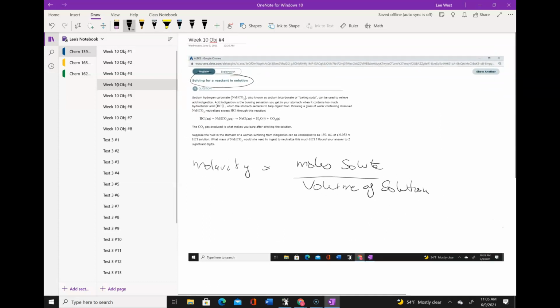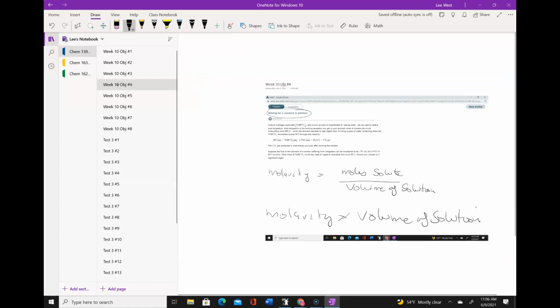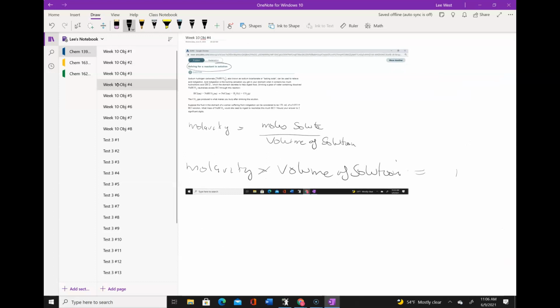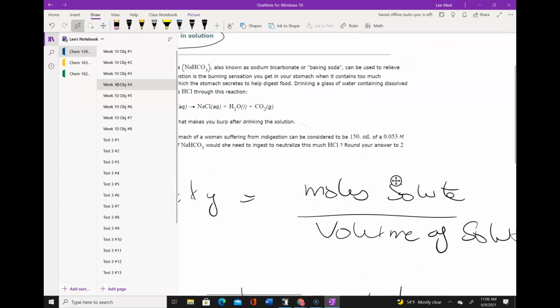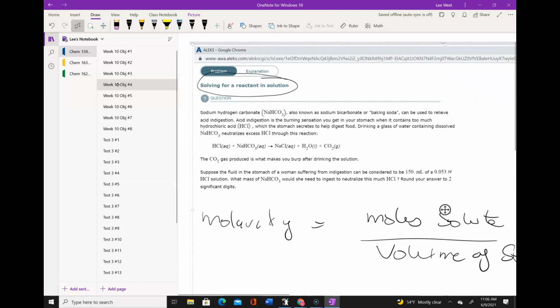What we can see is if we take the molarity and multiply it by our volume of solution, you get the moles of your solute. So if we have volume and molarity, we basically have moles of something, and that's going to be the key to answering these kinds of questions.